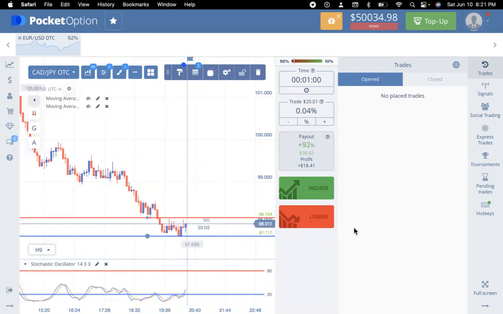It's a waiting game, guys. But you can actually set pending orders on PocketOption. If you don't want to sit here and wait, you can set your pending orders. So we can see the market hasn't quite reached our entry point yet, but we can see in real time the resistance that's happening every time it does get closer to that point.